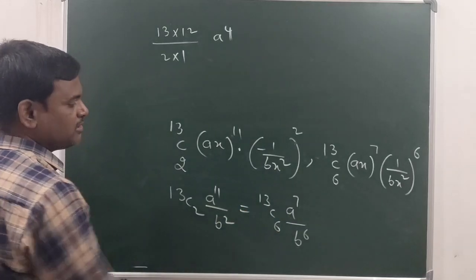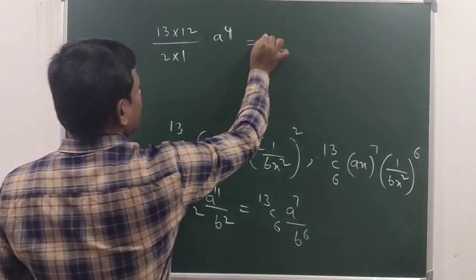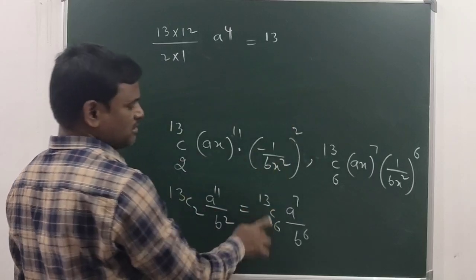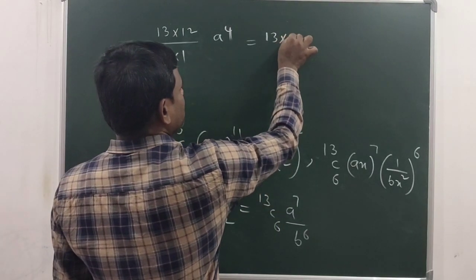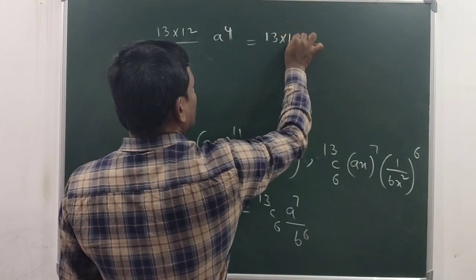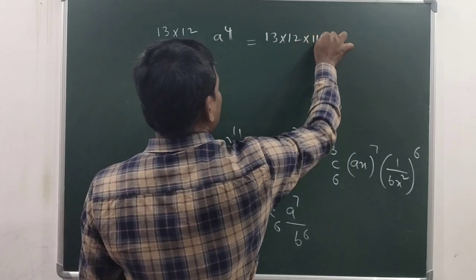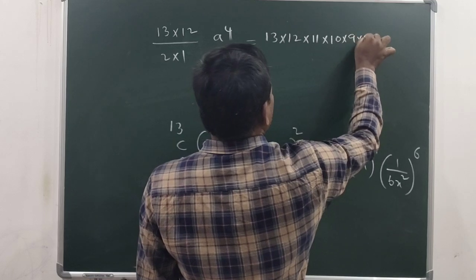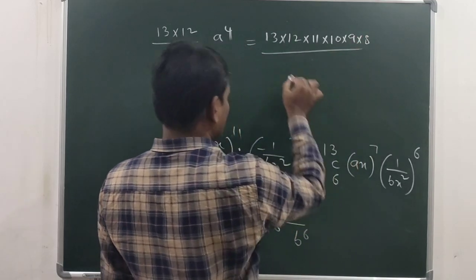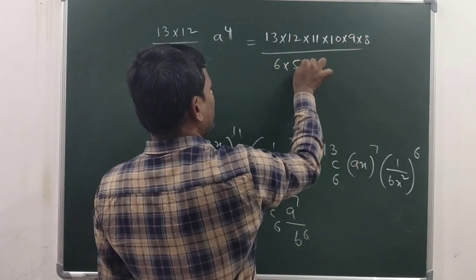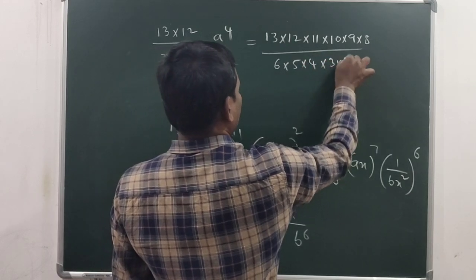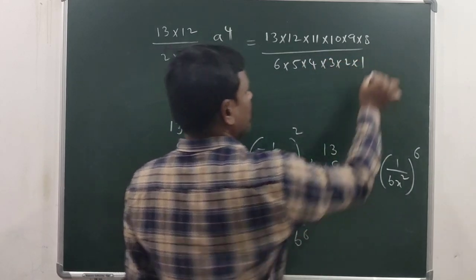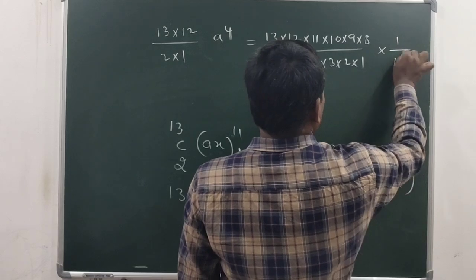B square cancels, b power 4 will be left. 13C6 should be written as 13 into 12 into 11 into 10 into 9 into 8 whole by 6 into 5 into 4 into 3 into 2 into 1. So here 1 by b power 4.